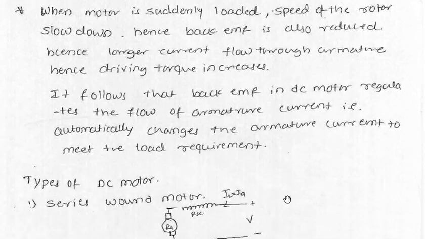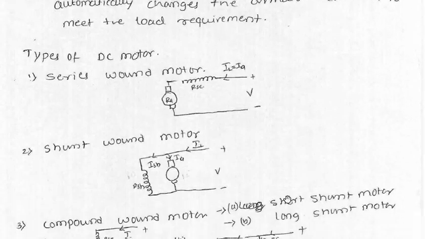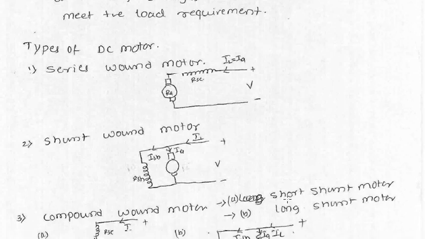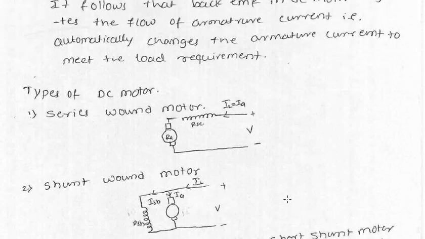Next we will see types of a DC motor. Again, the classification of types of a DC motor is based on how the field winding is connected. This is the field winding and this is the armature.